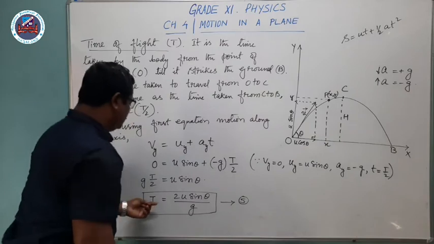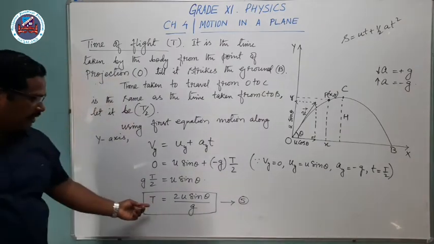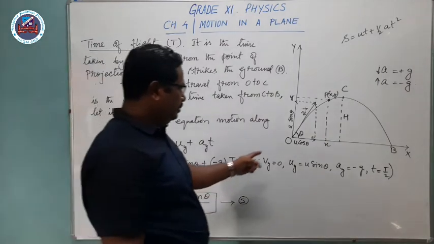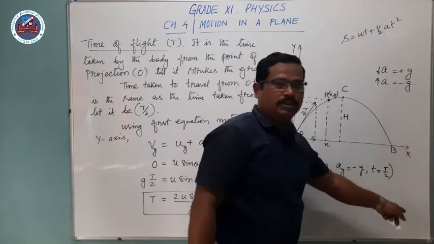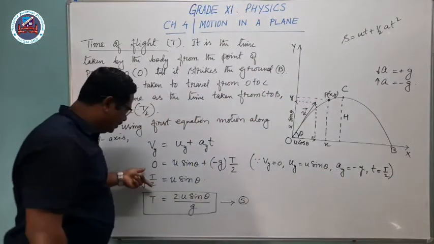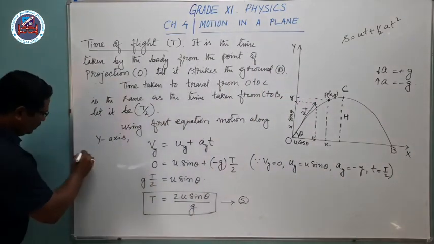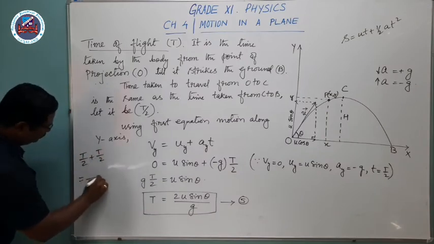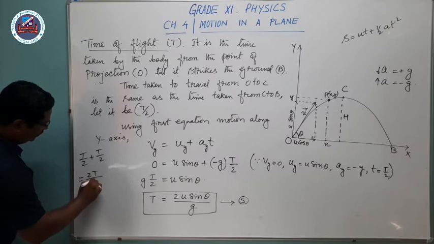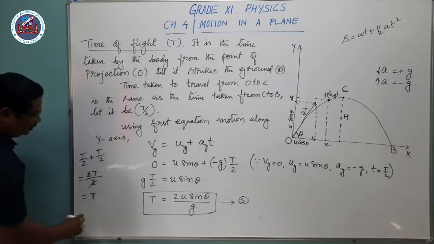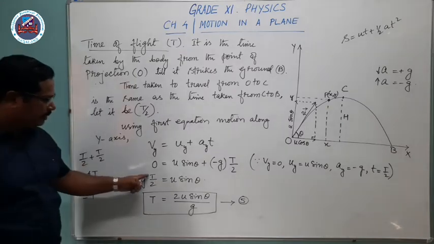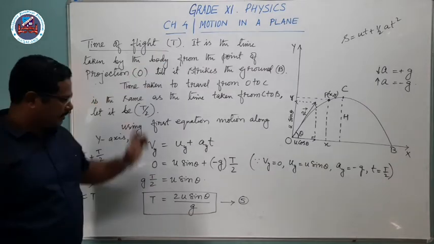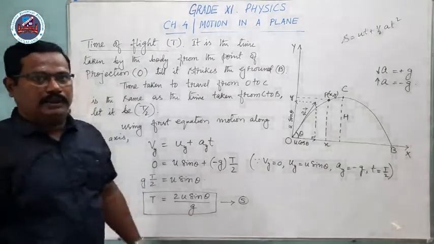With this expression, you can find out the total time taken by the projectile to move from O to B. If you find t by 2, it will be half the time; if you double it, it will become t. So instead of doing it twice, you can do it at once. T is the time of flight. Directly you can get the expression.